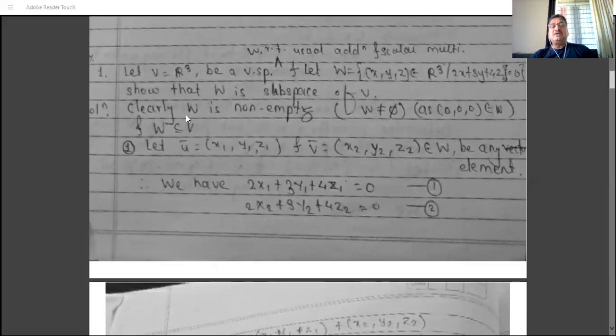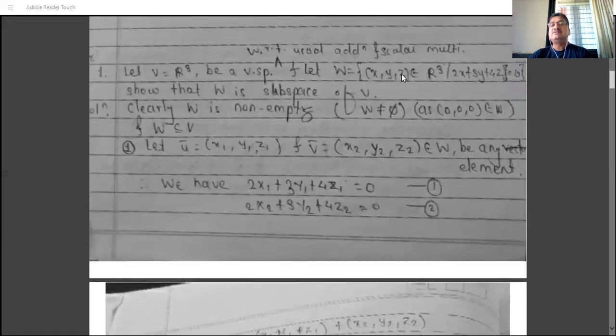So this is the first condition: W becomes a subspace of V if W is a non-empty subset of V satisfying the two conditions A and B. It is very obvious that W is a subset of R3, because the elements of W are 3-tuples (x, y, z) satisfying this condition.